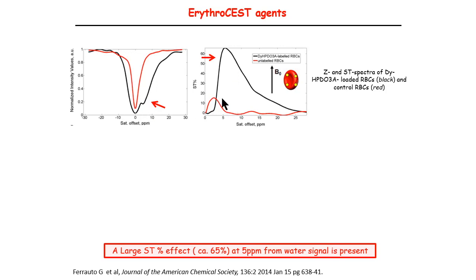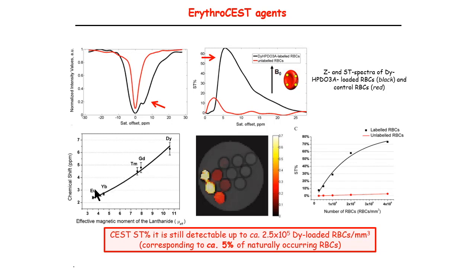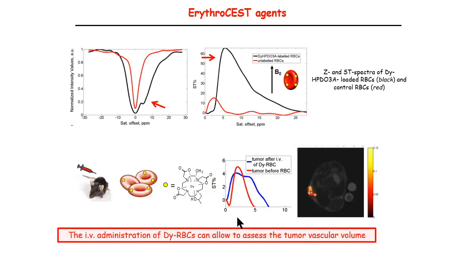One can see that the effect is huge. In fact, according to the effective magnetic moment of the lanthanide ion, we may have very high sensitivity, and just a small fraction of labeled cells can be detected in vivo, reporting, for instance, on the vascularity inside the tumor.